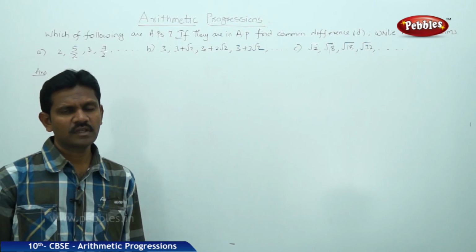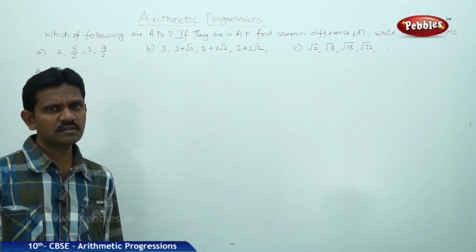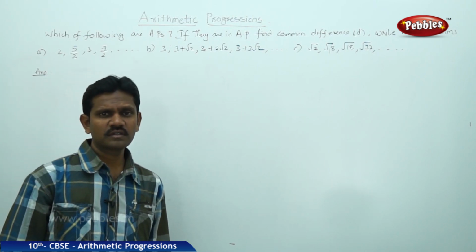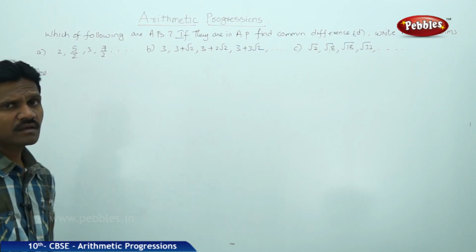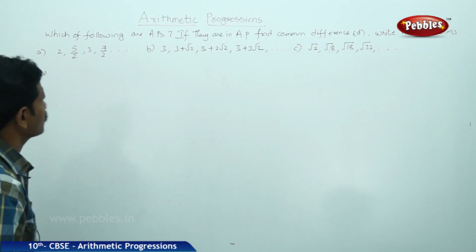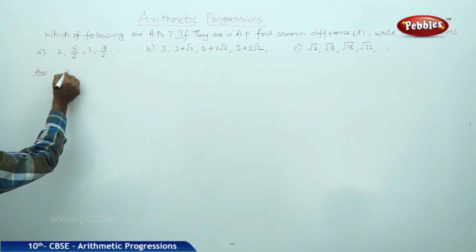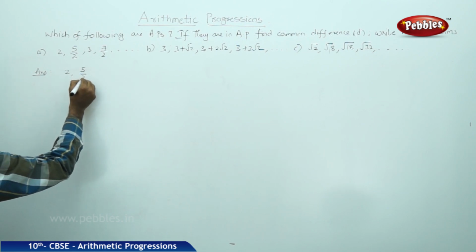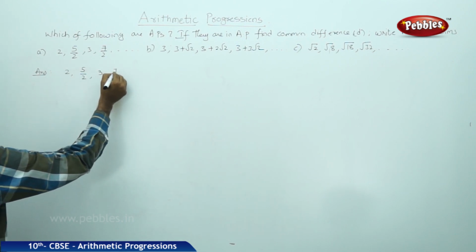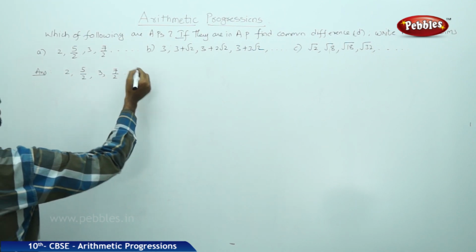If they maintain the common difference, then we can conclude that the given ones are in arithmetic progression. Now let us see the first one: 2, 5 by 2, 3, 7 by 2 and so on.